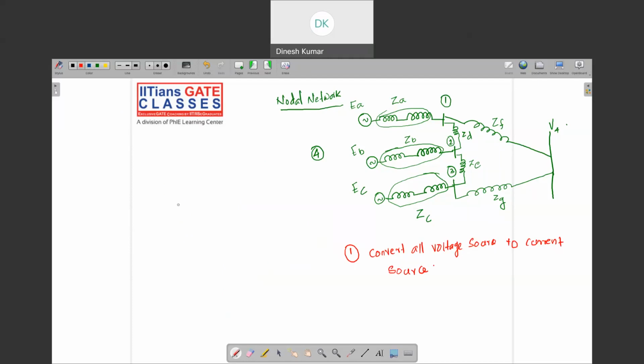What will be the thing? There will be a current source coming here, and this impedance will be in parallel to this. This is connected to bus 1. There will be bus 2 and bus 3. Similarly, there is another.